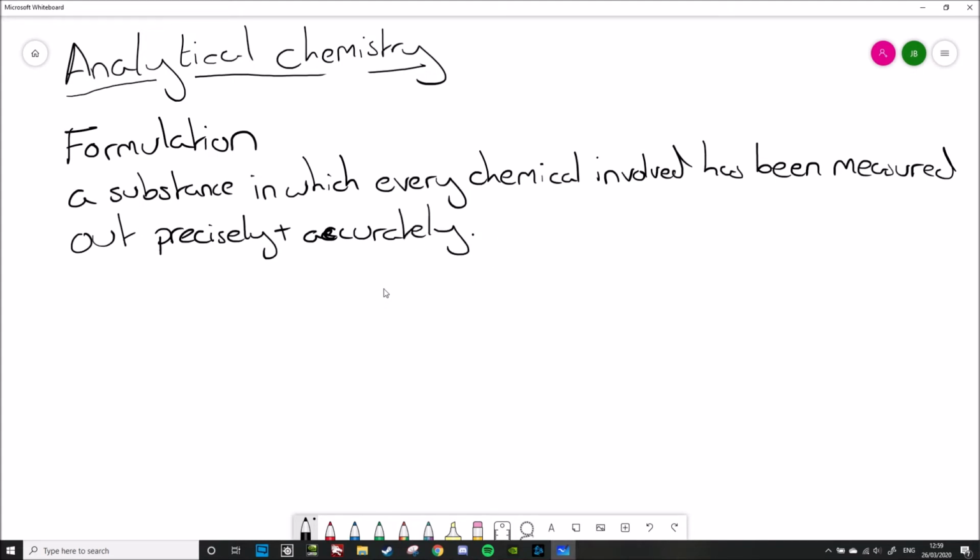So we need to make sure every single chemical in there has the exact amount. If we do too much of one, it won't make the right formulation.